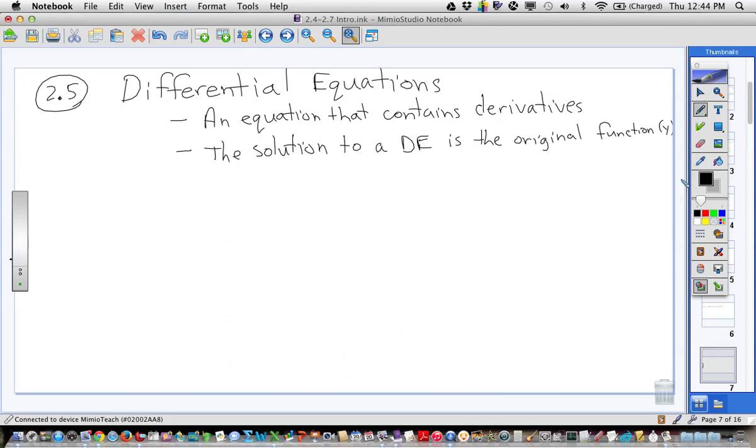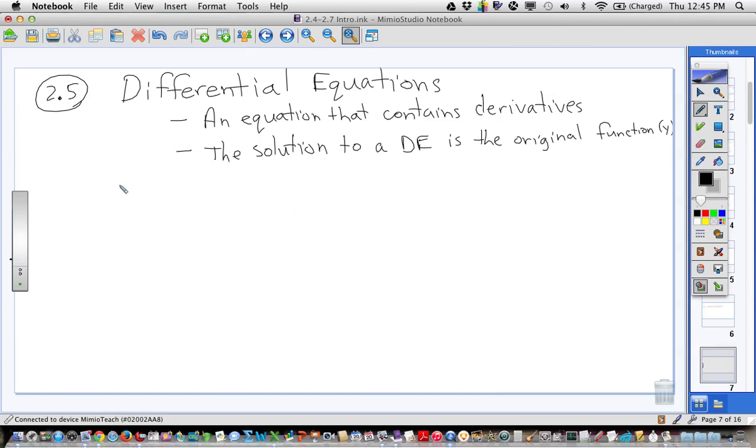It's a lot more of y. Okay? It's the original function. So that's strange. So the solution to a differential equation might be like y equals x squared. Right? And it's just really hard to wrap your mind around, because you're so used to solutions being x equals 2 or x equals 7. It's the original function y. Now, so those are 2 important things you got to know. What is a differential equation and what the solution to a differential equation is. It's the original function.